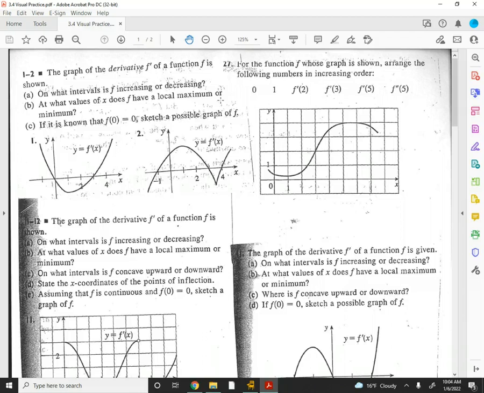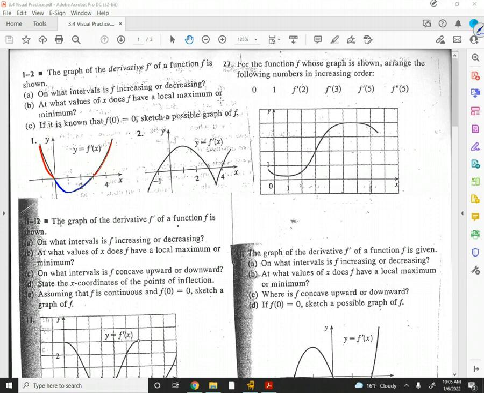So we're using that, but in graph form. So if we look at this picture, the derivative is positive above the x-axis. So here are the 2 spots where it's positive. The derivative is negative below the x-axis. So this would be where the original is decreasing.